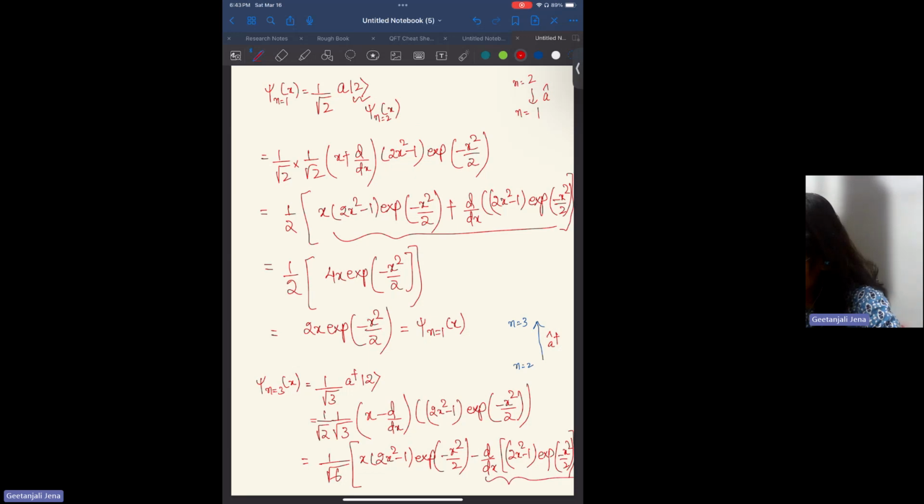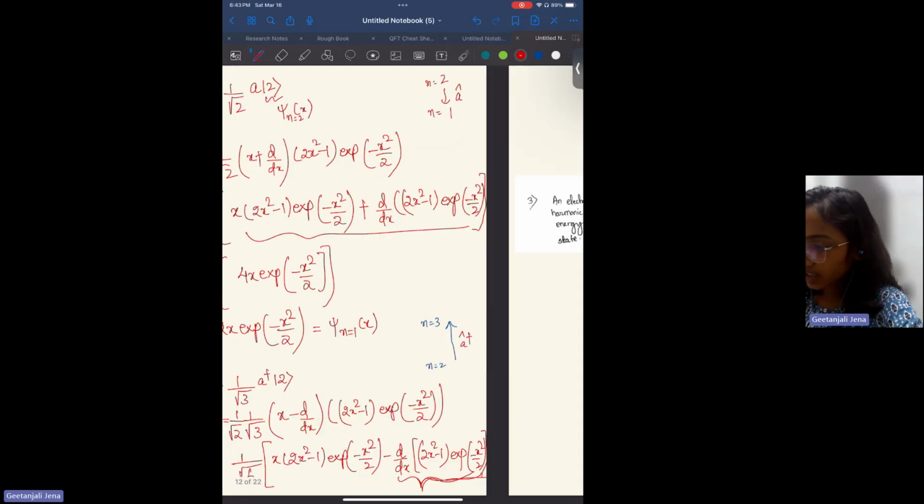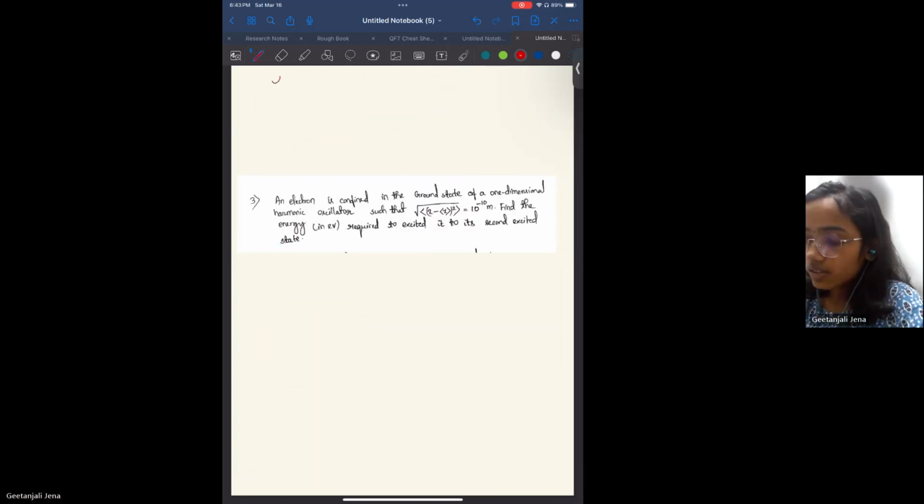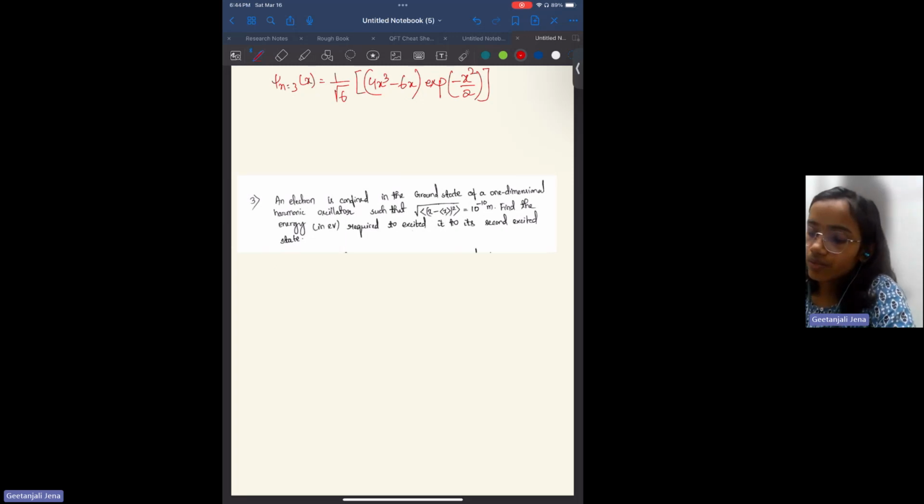Now solve this operator, solve this differential, and you will get psi n equal to 3 of x equal to 1 by root 6 times 4x cube minus 6x exponential minus x square by 2. So this is the expression for the n equal to 3 state. This is the answer.